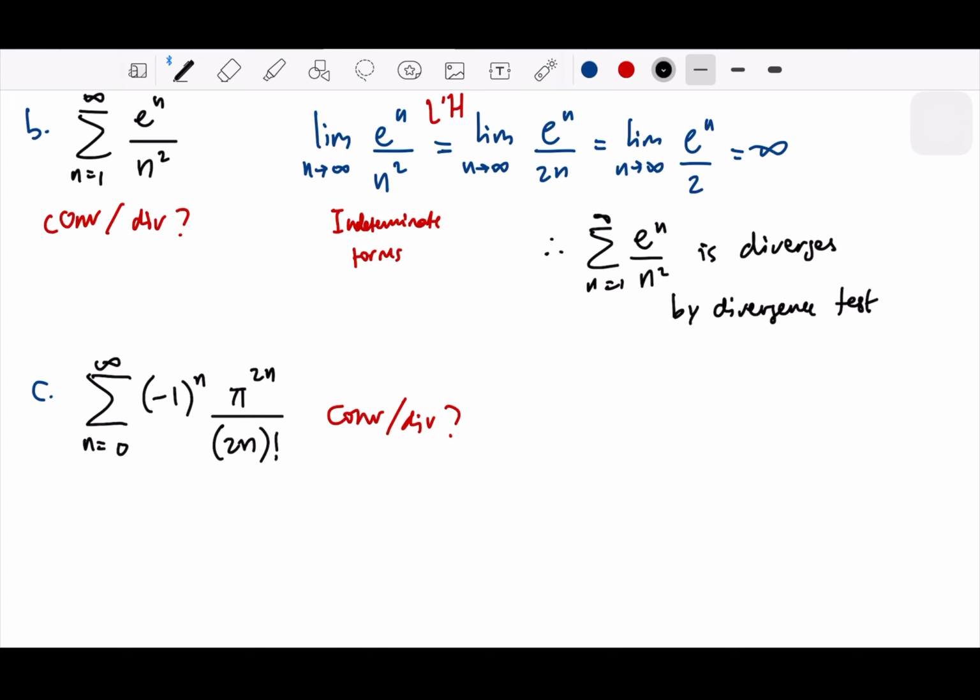It seems an alternating series, but look at the sequence here, the bn. Does it satisfy the alternating series test? If not, then we'll be thinking another way. Think another way. This alternating sign doesn't mean that it can be solved through the alternating series test.